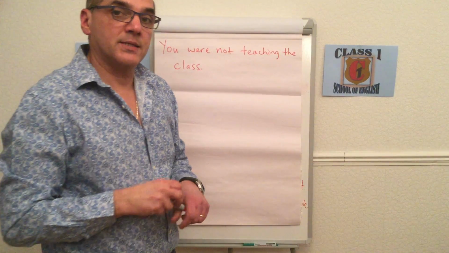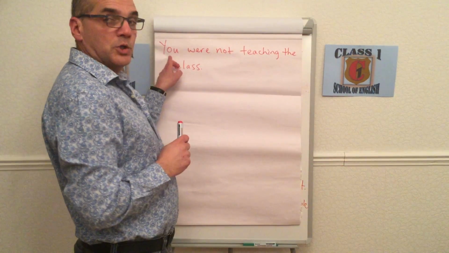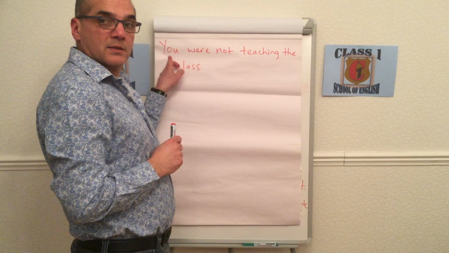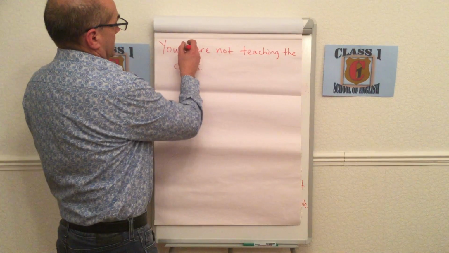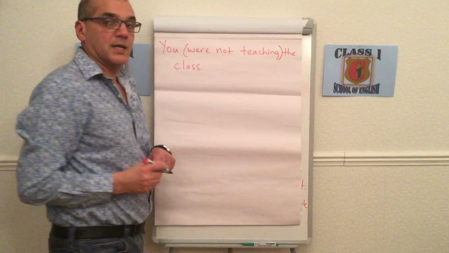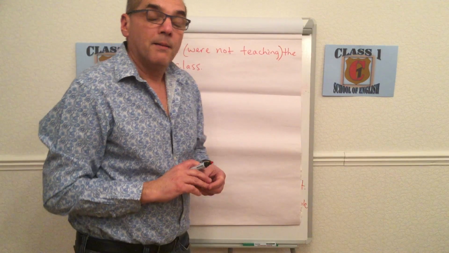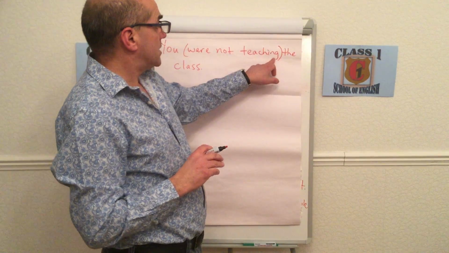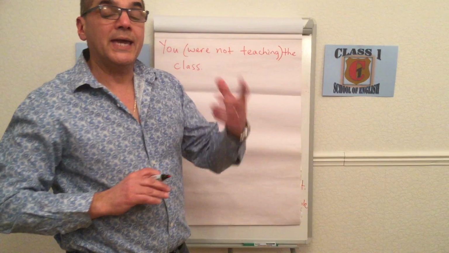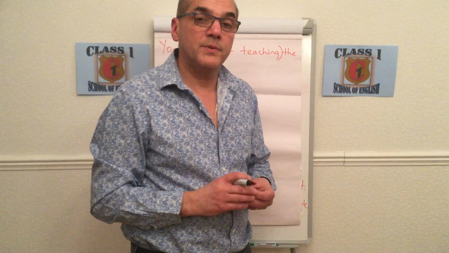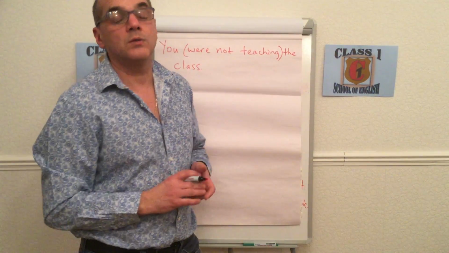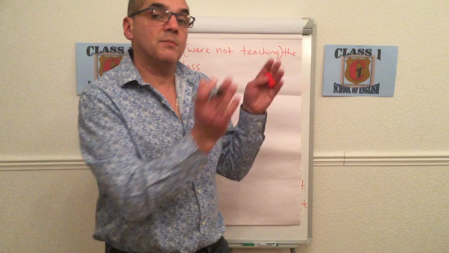Let's break that sentence down. You is now the subject. Okay, all three of these are now the verb, and it's still a continuous. It's a continuous verb because it's got ing in it. A continuous verb is when an action is going on for a little while. Okay, but this is in the past tense.